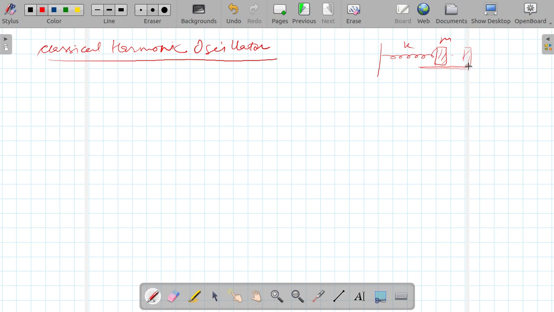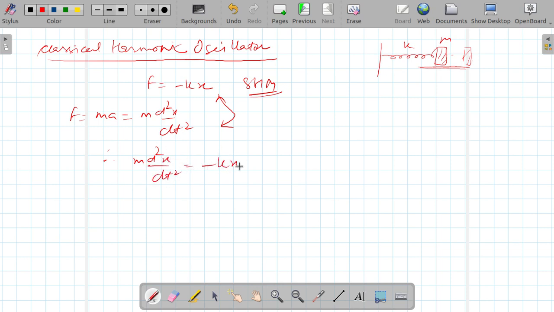If this is displaced to here by applying a certain force, then the restoring force acting on it is minus kx, and we can say that this is simple harmonic motion. But force is nothing but mass into acceleration, d square x by dt square. So if I club these two equations together, then m d square x by dt square is equal to minus kx, or d square x by dt square is equal to minus k by m x.